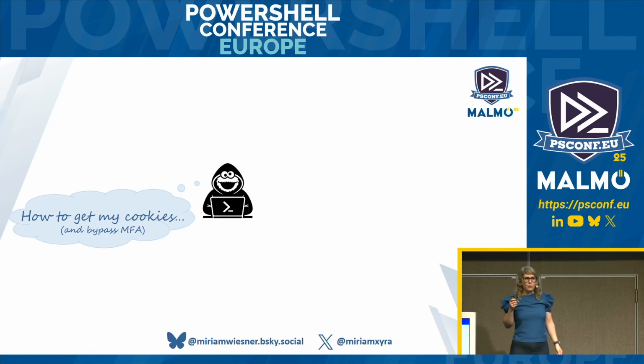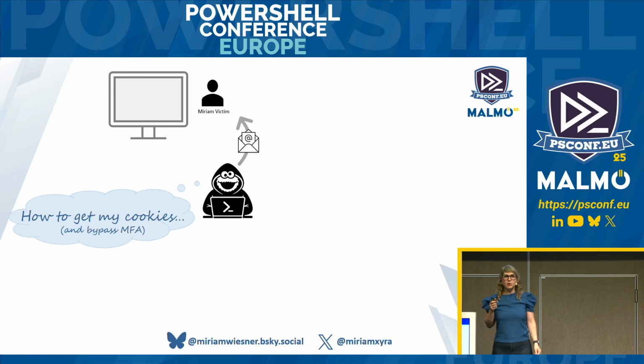And so what the Cookie Monster does in our attack scenario, the Cookie Monster sends a prepared email with a link that if Miriam, the user, clicks the link, a script opens and extracts the cookies.